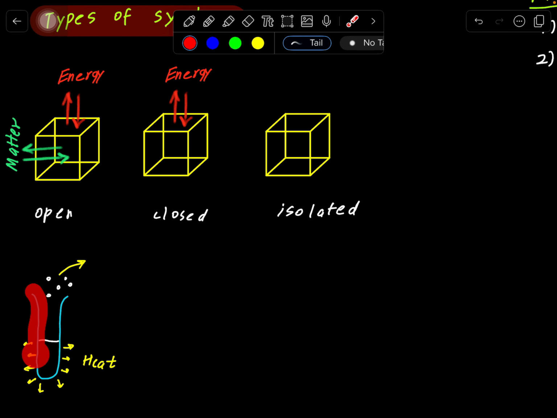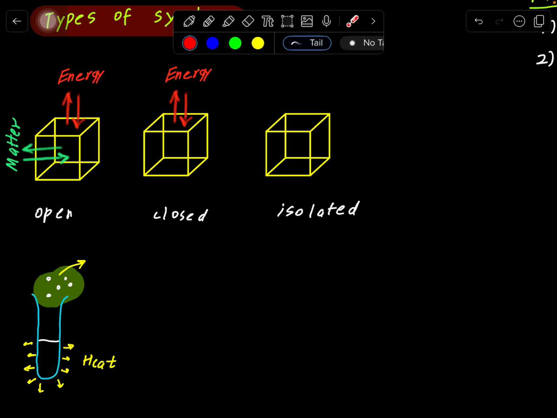Let's say one of the products of your experiment is a gas, and that gas leaves the test tube in the form of vapors. So matter is leaving the test tube. I'm representing it with green. On the other hand, heat is also dissipating from the test tube and energy is leaving the test tube, which is your system.